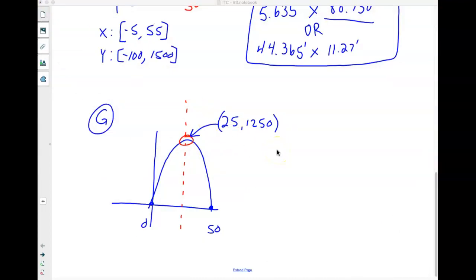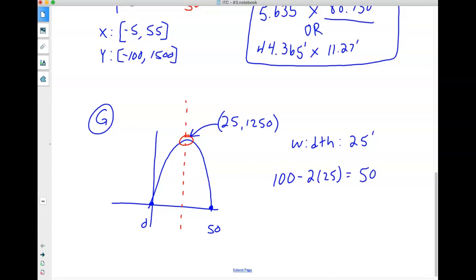So I know my width. Now again, they're asking for a dimension. I know the width is 25 feet. Well, what the heck is the length? Pretty simple. It's 100 minus 2 times 25, which is 50 feet.